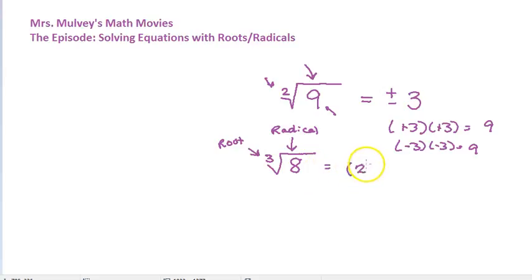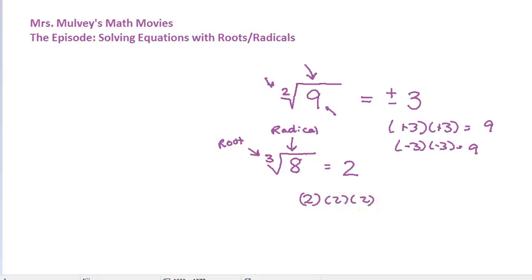In this case, it's 2, because 2 times 2 times 2 gets me 8. So the cube root of 8, or the third root, you can say it either way, I prefer cube root, equals 2.